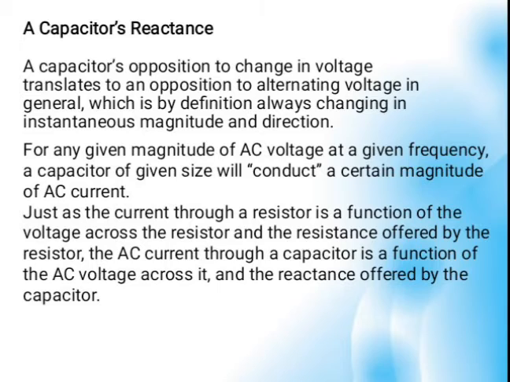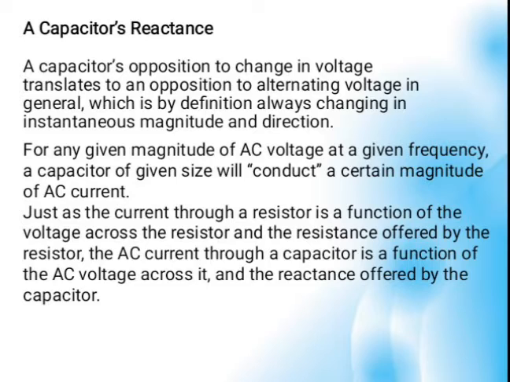So now let's move on to a capacitor's reactance. A capacitor's opposition to change in voltage translates to an opposition to alternating voltage in general, which is by definition always changing in instantaneous magnitude and direction.